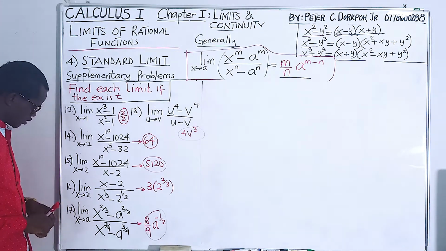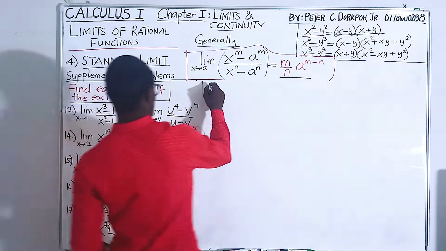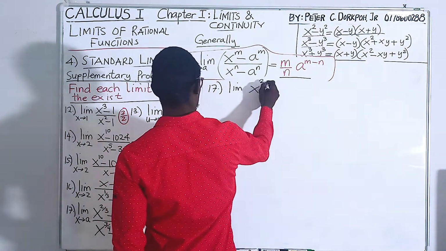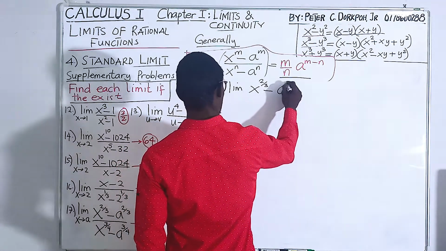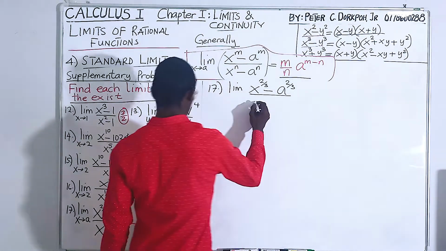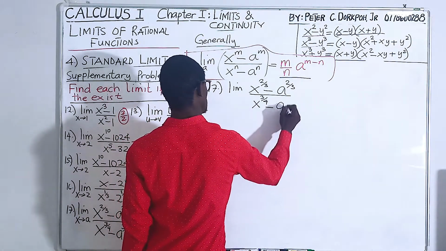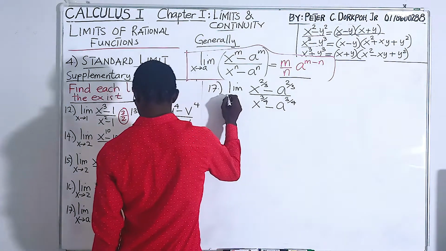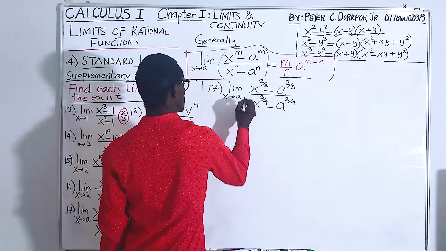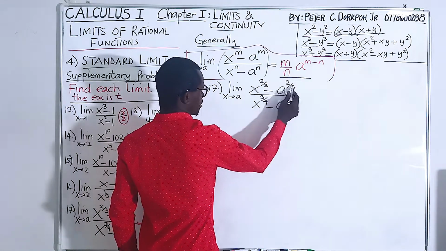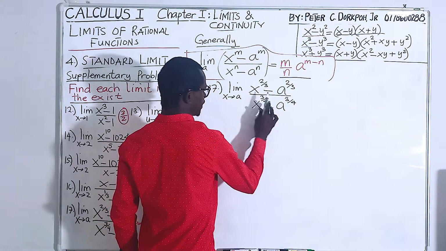So let's say I solve 17. 17, we have the limit of x to the power 2 over 3 minus a to the power 2 over 3 divided by x to the power 3 over 4 minus a raised to the power 3 over 4 as x approaches a. So the bases are the same, the powers up here are the same, and the powers down here are the same, right?